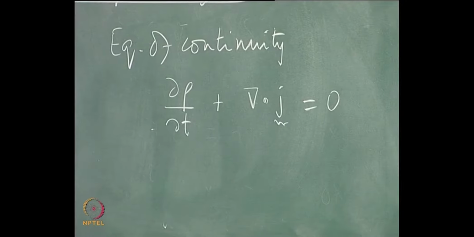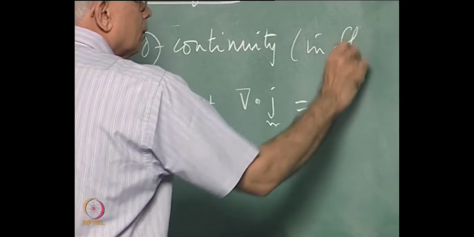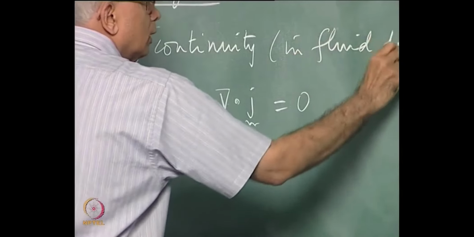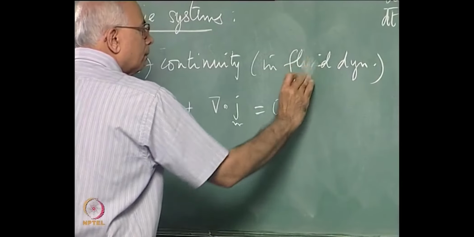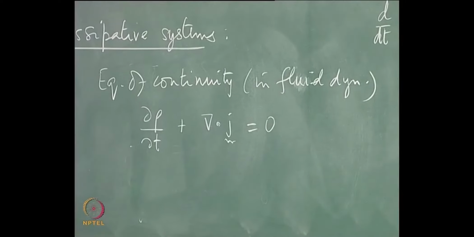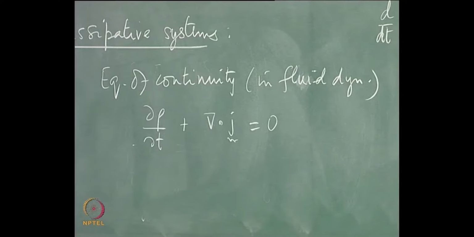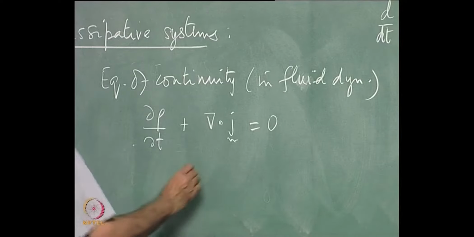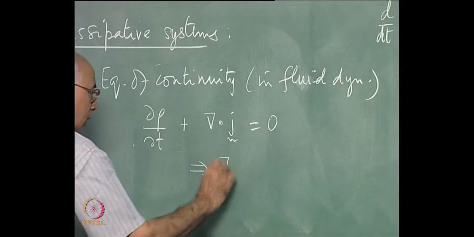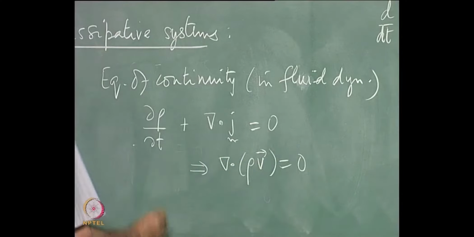In fact, you go further in the case of fluid flow, just to recall to you, in fluid dynamics. What is J in the case of fluids? It is the density multiplied by the local velocity at the point. So this implies that del dot rho V equal to 0.